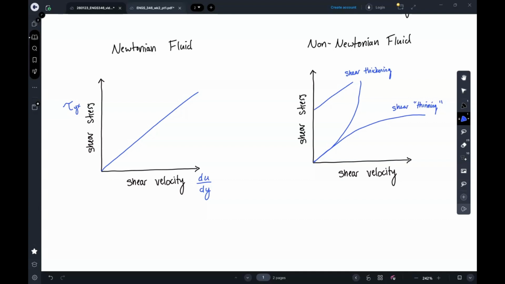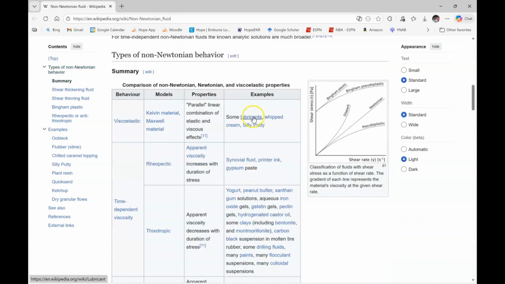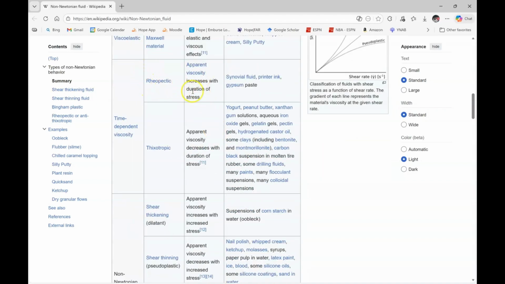So I'll pull up Wikipedia, everybody's favorite, and we can see some of the different types of non-Newtonian behavior. This shear thickening, we call dilatant. Not super worried about some of the terminology. A shear thinning fluid is a pseudoplastic. There are other fun ones too, like thixotropic, where the viscosity decreases with the duration of stress.